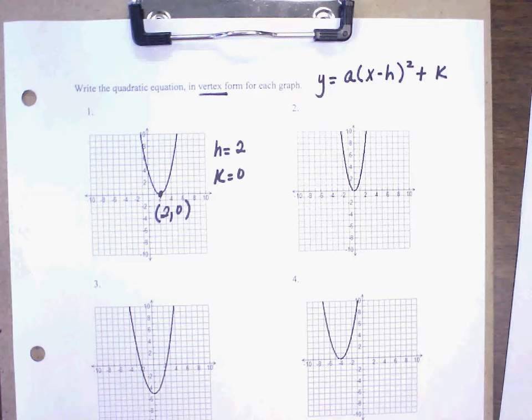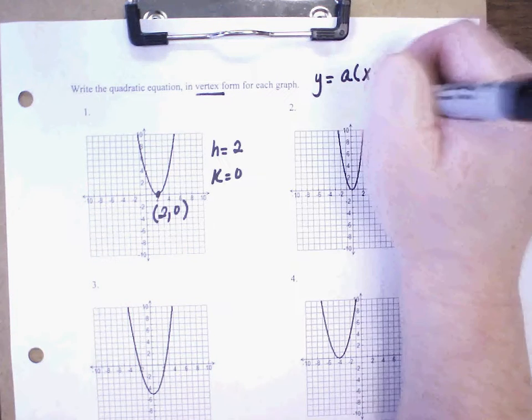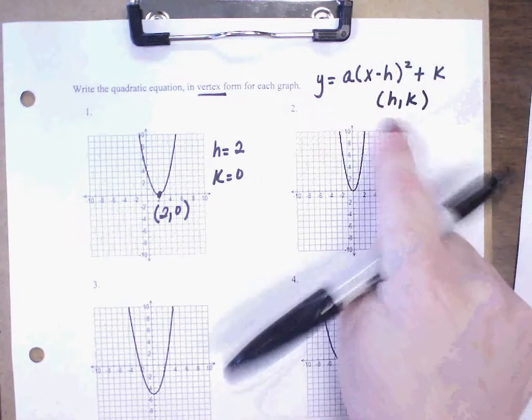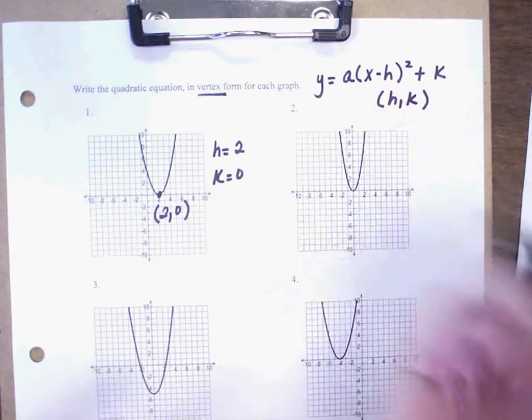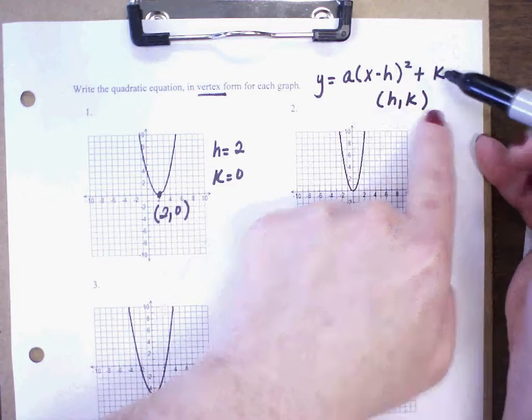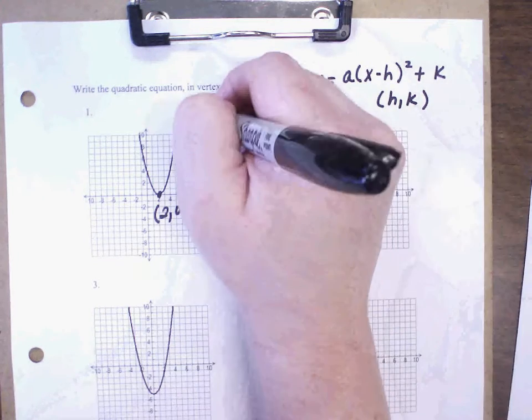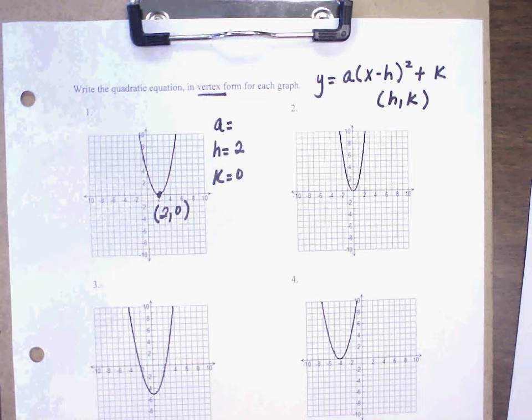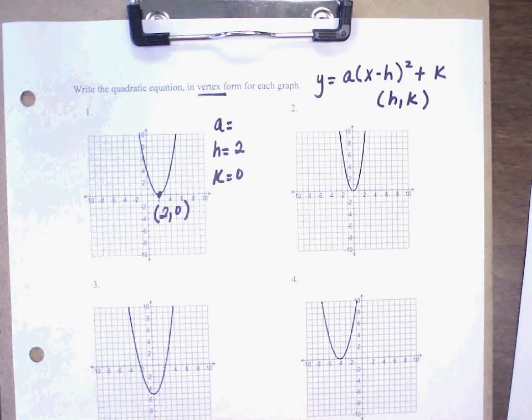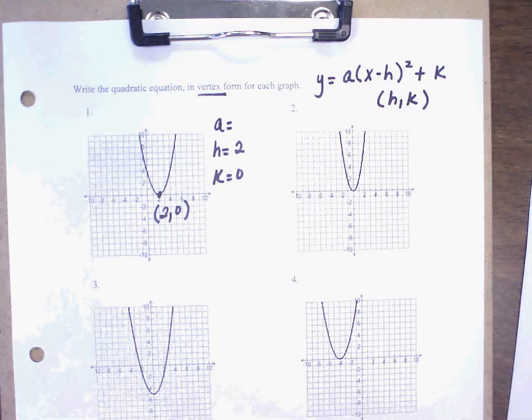What's my vertex? 2 and 0, which means H is 2. Yay? And K is 0 because the vertex is H and K. Right? The vertex is H and K. So I have my H, I have my K, so the only thing that I need would be A. Now, I can tell you that A is what?